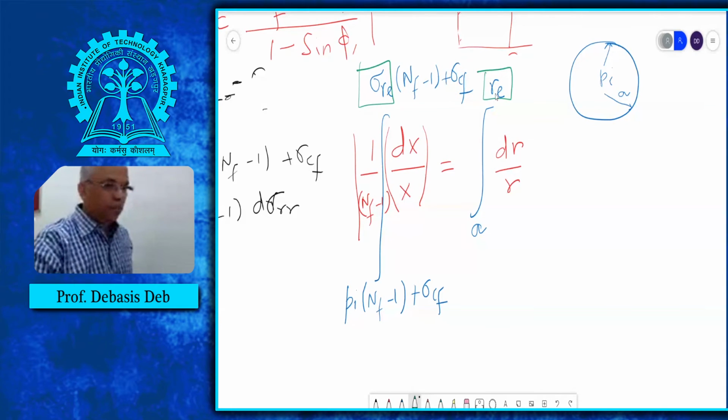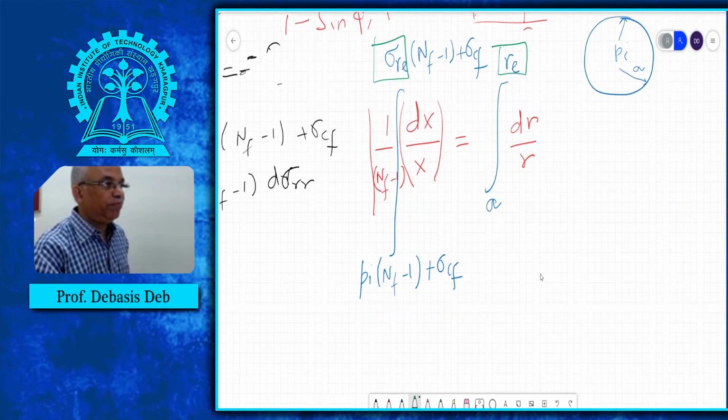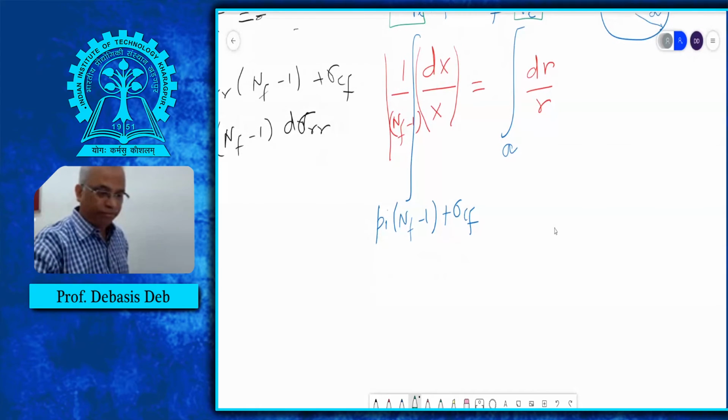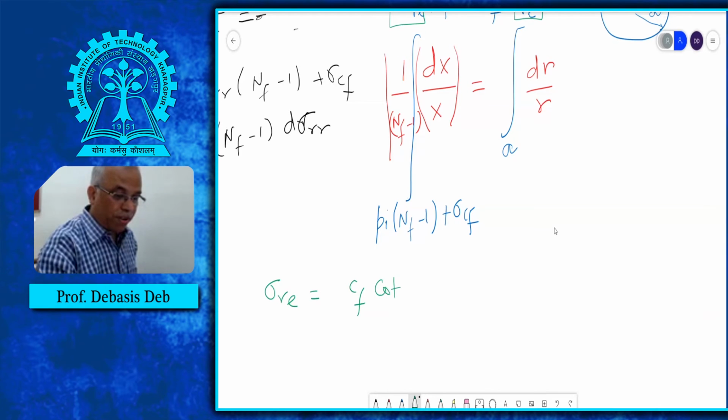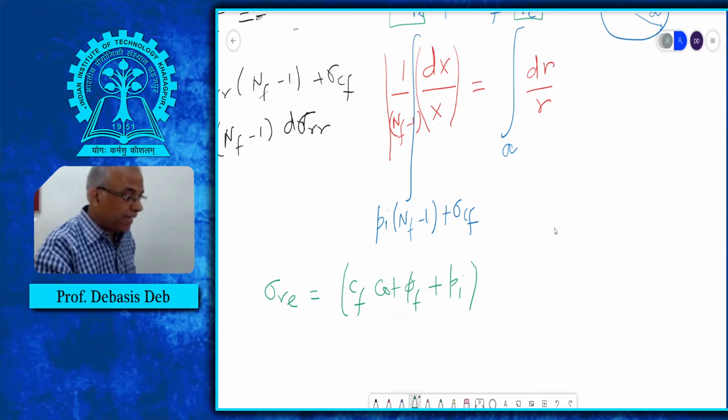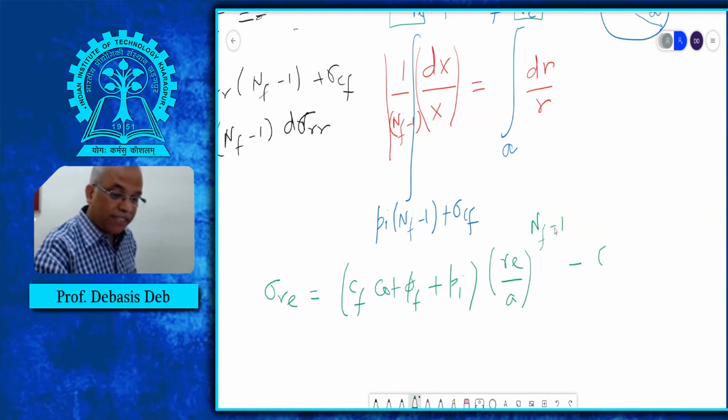Okay, and if you solve this equation, which I write below, you will find sigma RE is equal to CF cot phi F plus pi, times NF minus 1, minus CF cot phi F. You can try it at home to derive that.